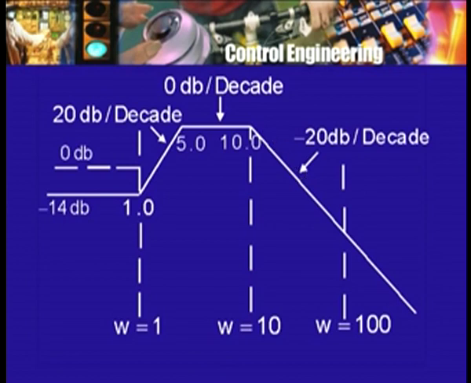So, what is the net result? And this is where our engineering judgment comes into play. If one part is increasing at 20 dB per decade, another part is decreasing at 20 dB per decade, then what will happen to the sum? The sum will be very nearly constant. So, the net result is a horizontal line from 5 rad per second onwards, but will it continue indefinitely?